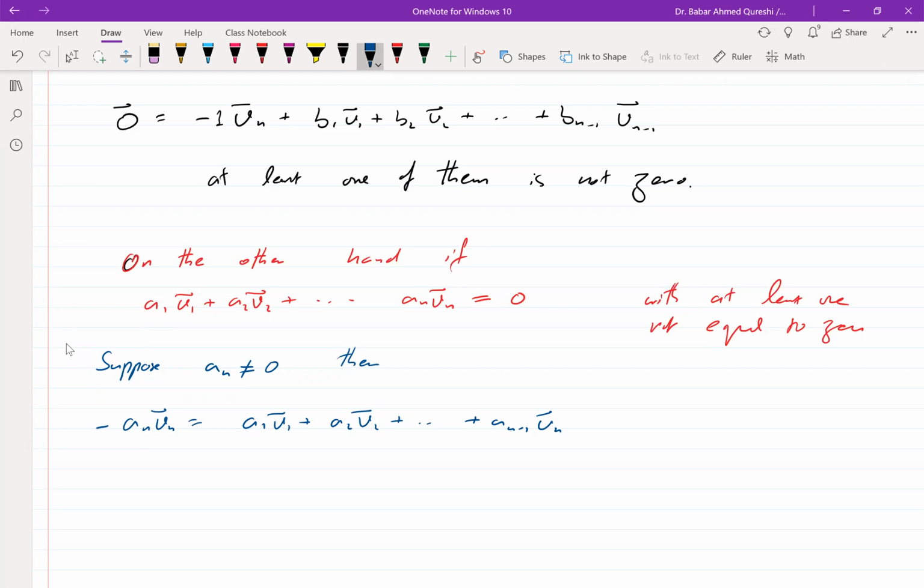So now you see that this was extremely important, that one of them was not zero, because if an was zero, you couldn't divide by an. And so on. So you have proved that you can then write one of them as a linear combination of the others.